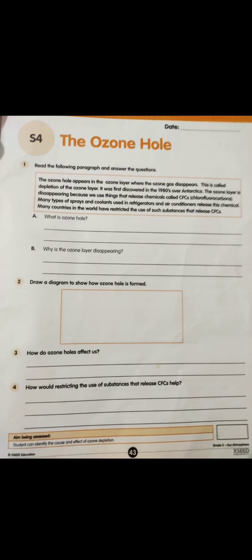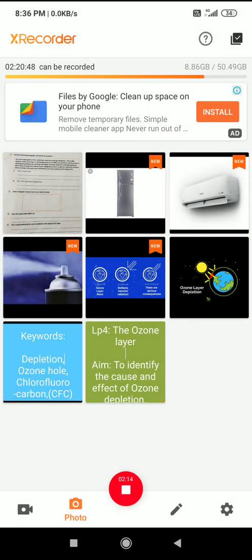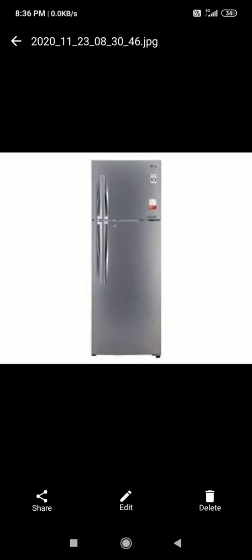So student, this paragraph clearly explains what CFCs are, right? CFCs means this is a chemical which is released from the sprays which we use, and coolants, like ACs, right? And refrigerators, right?